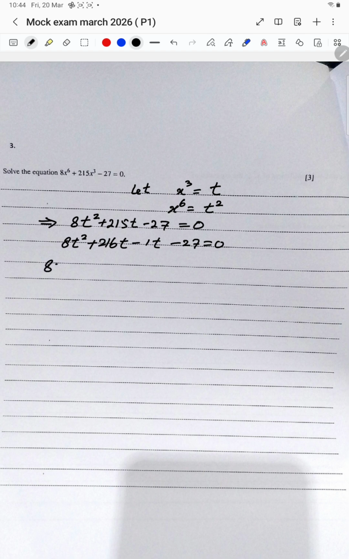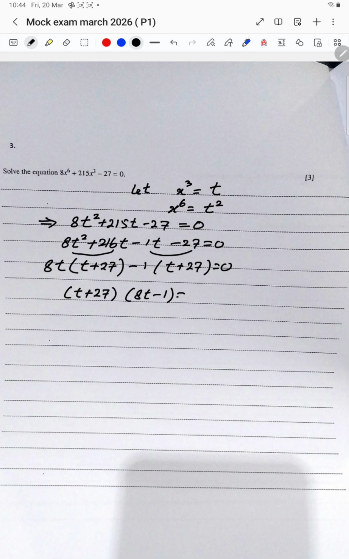I will take 8t common for the first two terms, and it will be t plus 27. From here I will take this minus 1 common, it will be t plus 27. Now further taking common t plus 27, we get 8t minus 1 equal to 0.